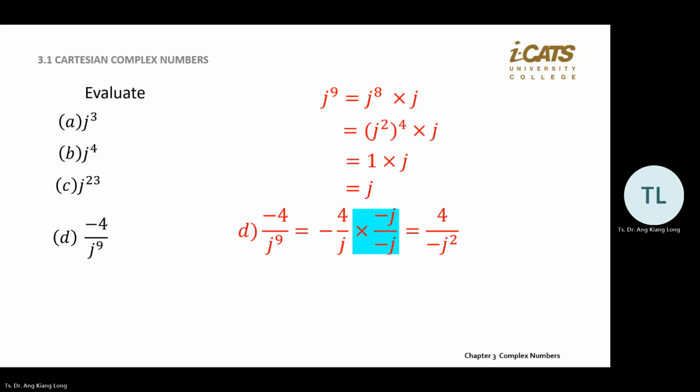Here you do not change anything on the subject. So for a complex number, we multiply by the conjugate like this.